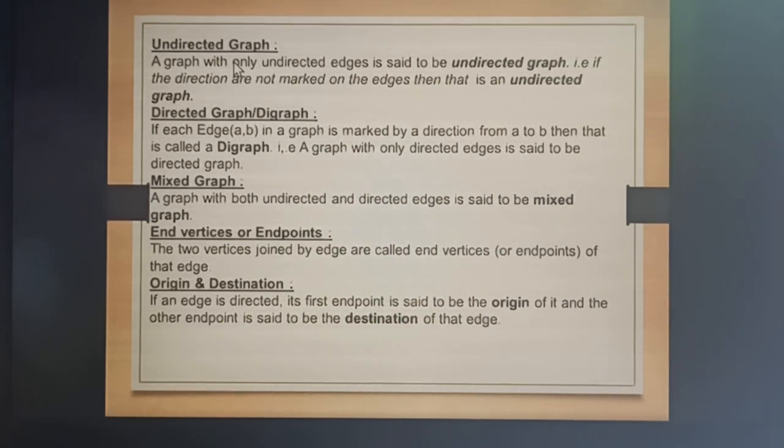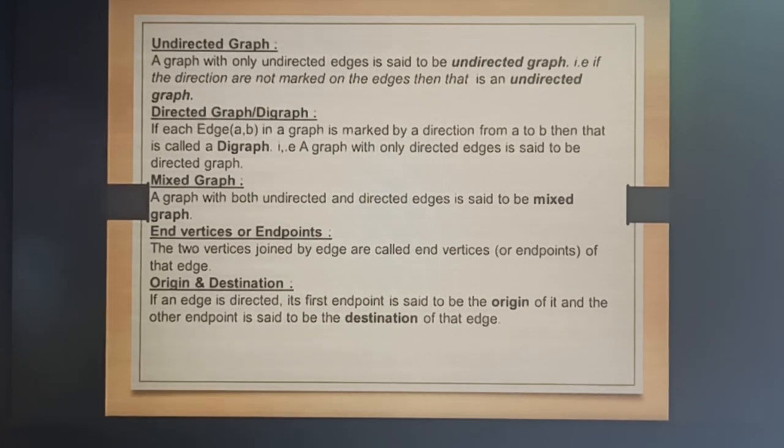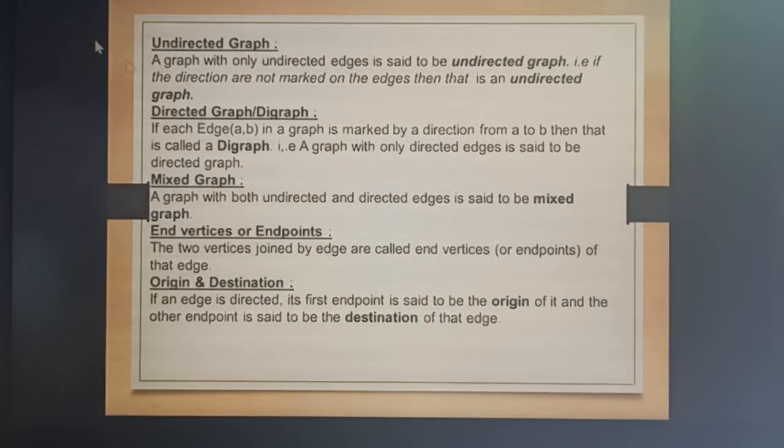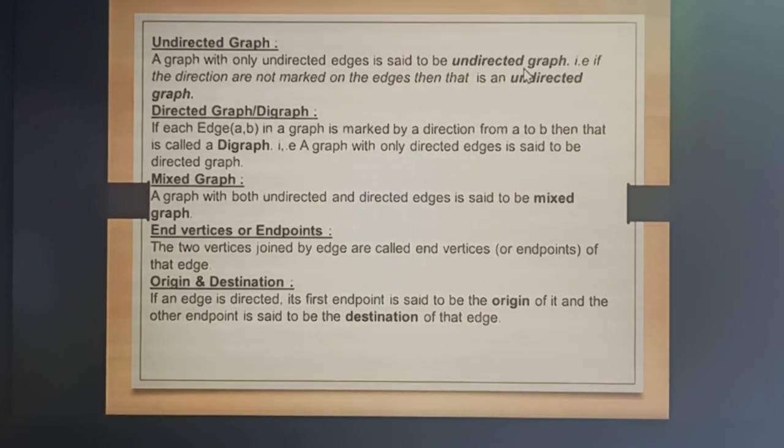I have told already, if a graph contains undirected edges, then that is called an undirected graph. A graph with only undirected edges is called an undirected graph. That means if the directions are not marked or mentioned on the edges, then that is an undirected graph.